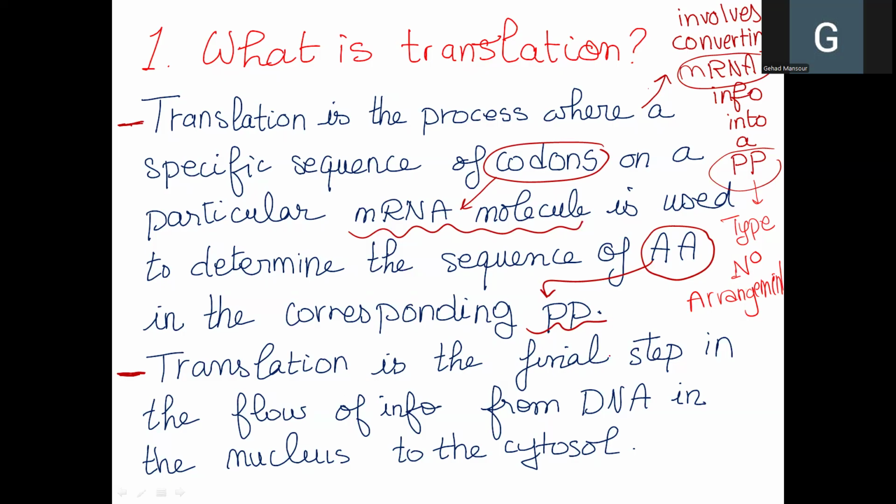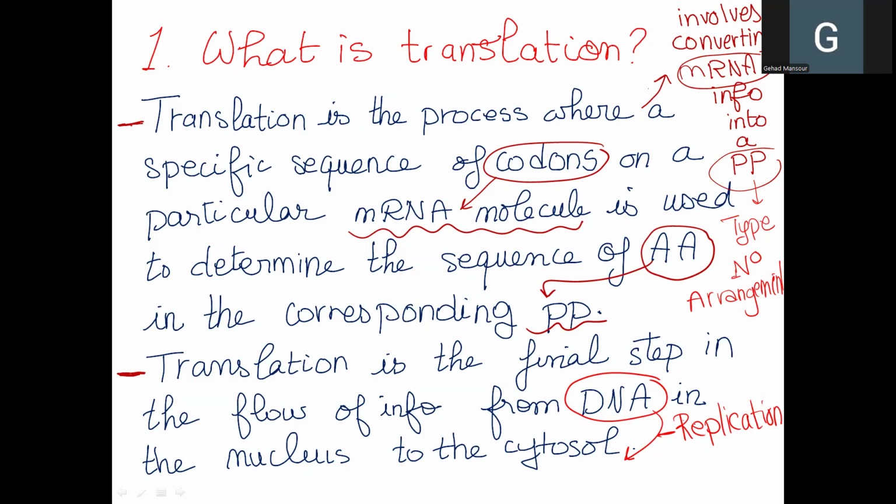So translation is the final step in the flow of information from DNA to the cytosol. What was the first step? The first step was replication to produce an additional copy of itself. But most importantly, replication is important to allow cell division to occur, to allow continuity of the DNA molecule.